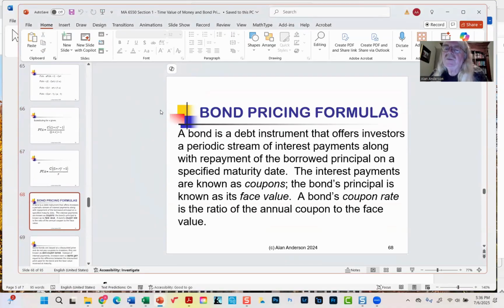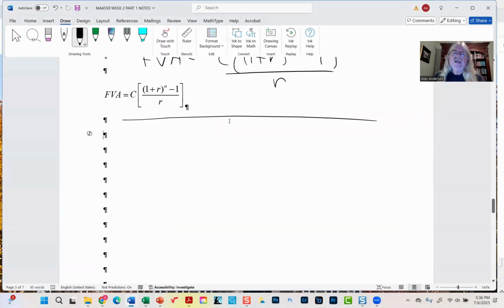bond pricing formulas. I did mention before, we haven't really talked about bonds yet. So I just want to remind everyone, or at least introduce you to this concept of bonds. A bond is a debt security or debt instrument. Let's think about this in English.